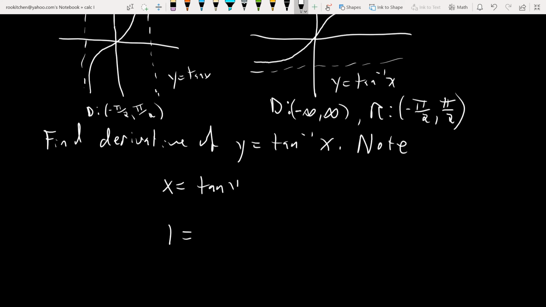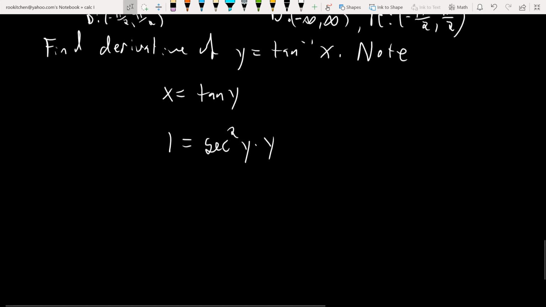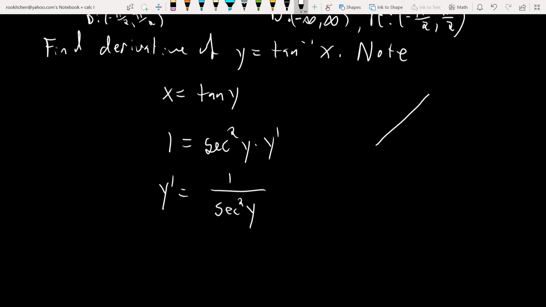Sorry, I screwed that up. Once we get that, we can use implicit differentiation. The derivative of x is 1, and the derivative of tan of y will be secant squared y times y prime. Then I can solve for y prime, which will be 1 all over secant squared y. Then I can replace secant squared y. You could use the Pythagorean identities, or you could think in terms of the triangle.